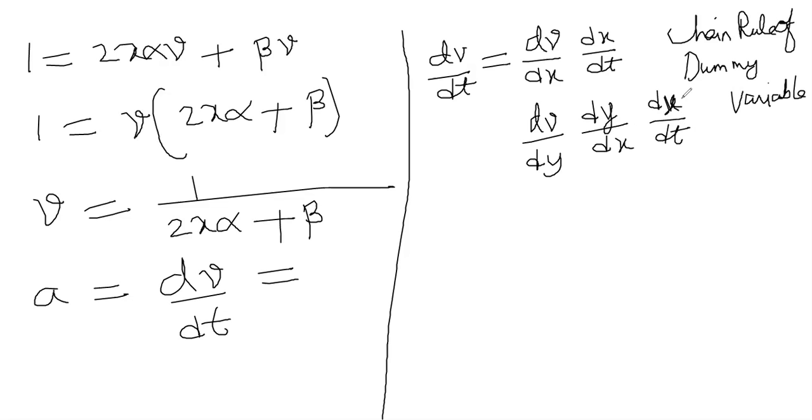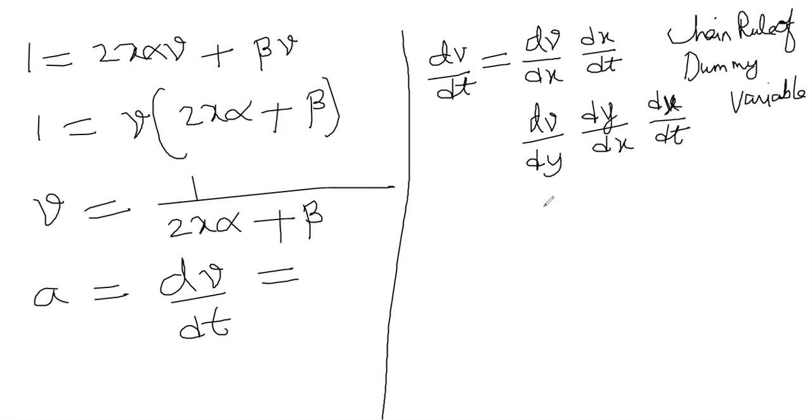According to your understanding, it cancels, but that's not absolutely true. It is actually because of introducing a new dummy variable, and as many other dummy variables as we want, we can introduce. But whatever dummy variable you introduce, it should be such that in the denominator, you differentiate the dummy variable with another dummy variable. That is the chain rule. Understood?